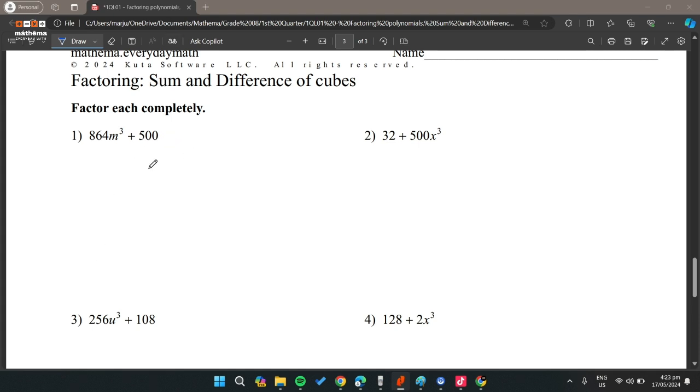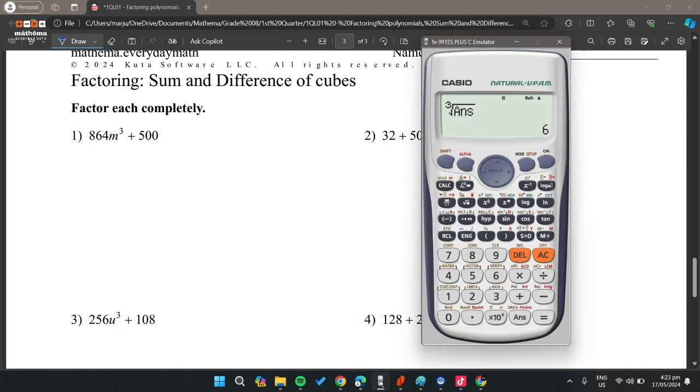We'll try. We can do 2. Alright, we can actually do 2. So 864 divided by 2, that gives us 432. Alright.